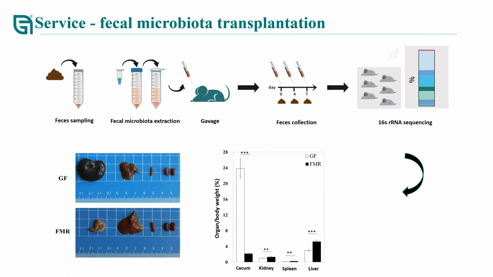Normally, feces will be collected during the experiments for bacterial detection or sequencing, depending on the design of specific experiments. In the end, customers normally perform 16S sequencing on collected fecal samples to compare the similarities of the flora before and after transplantation to evaluate the transplantation efficiency.